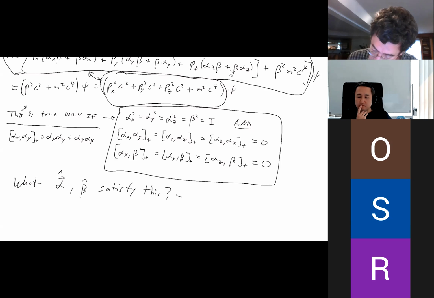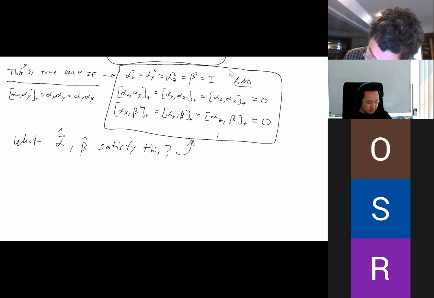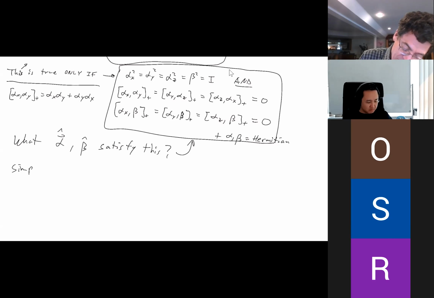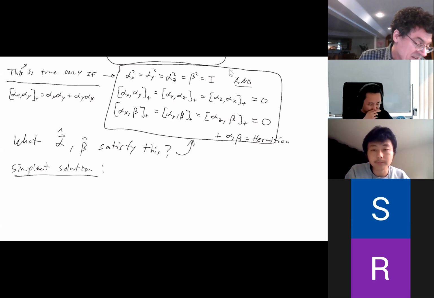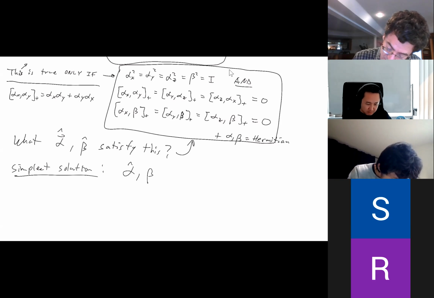What he figured out is that if you take this constraint and say that alpha and beta are Hermitian, then the simplest solution, and there actually are more complex solutions, is that alpha and beta are four-dimensional matrices.